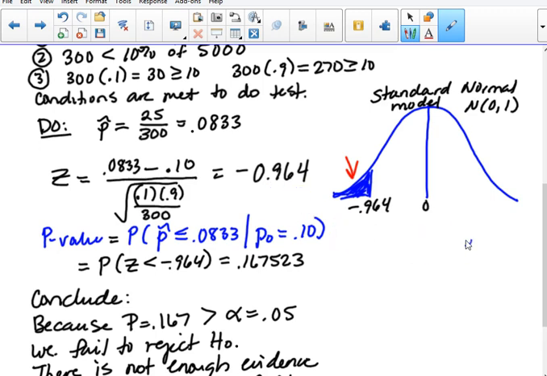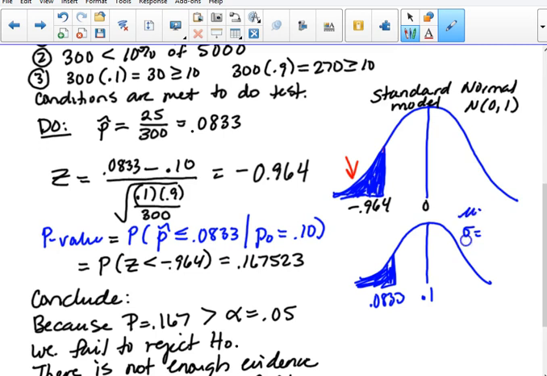So probably I should have shaded this a little differently. Let me do this a little better. So probably it's more like this, that's a fairly good amount of shading. Now I want to make sure you understand that this is 0.1, this is 0.0833, and we have the same probability under here, where mu is 0.1 and sigma is the square root of 0.1 times 0.9 divided by 300.